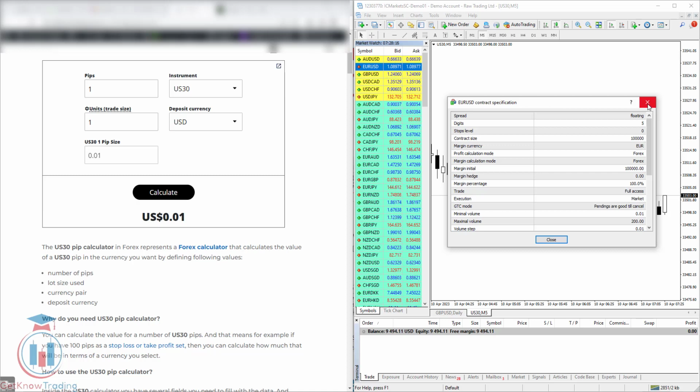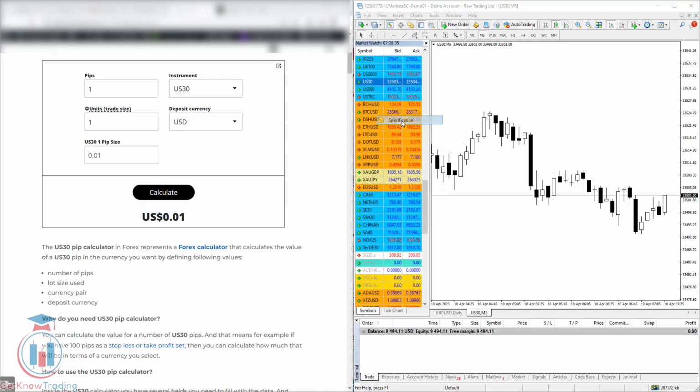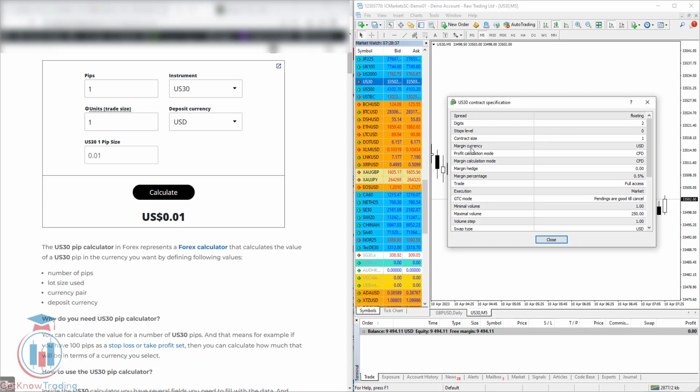This is very important information regarding the contract size on the US30 and other currency pairs. Okay, let's go back to the US30. Click the right mouse button, specification. Then you have the margin currency, profit, margin, and all the other details.